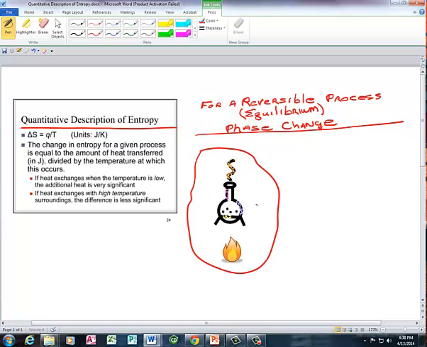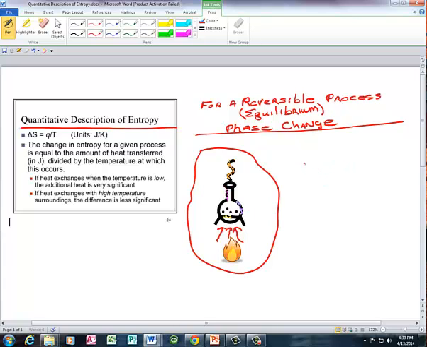Essentially, we're just going to boil some water. If we add just a little bit of heat to a pot of water to move it from the liquid phase into the vapor phase, we know we're going to get an increase in entropy because the vapor phase has so much more entropy than the liquid phase.